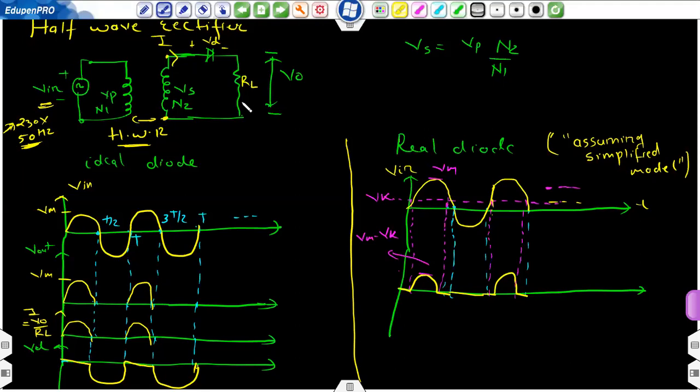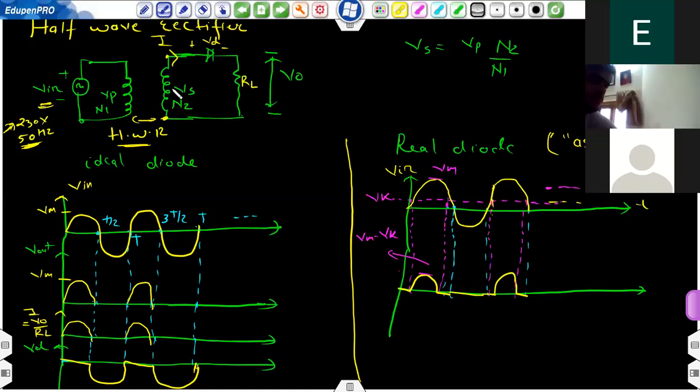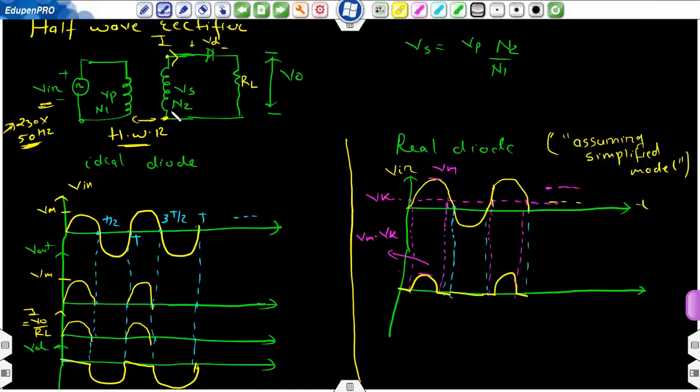So in our lab, we used to have a step down transformer. The voltage at the secondary winding is around 6 volt and 12 volt. We have two transformers, so we can have any of the two values, 6 or 12 volt in our electronics lab. So from 230 to 6 volt or 12 volt, step down.